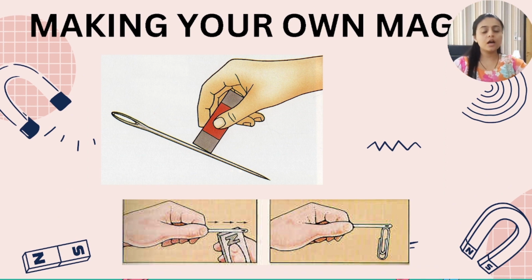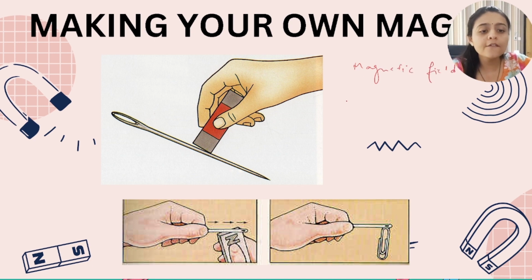Alright students, are you ready to make your own magnet? If you want to make your own magnet, just remember 2 points: it's only about the magnetic field. You have to generate the magnetic field. How are you going to generate it?